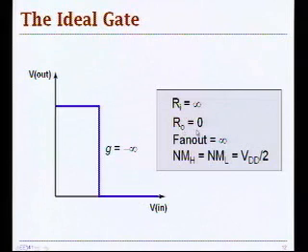It should have 0 output resistance to be able to drive infinite fan out, and it should have infinite input impedance, so it presents no load to the previous gate. And this is an idealistic concept, but it serves well to investigate the quality of gates, how much they deviate from this ideally desirable case.